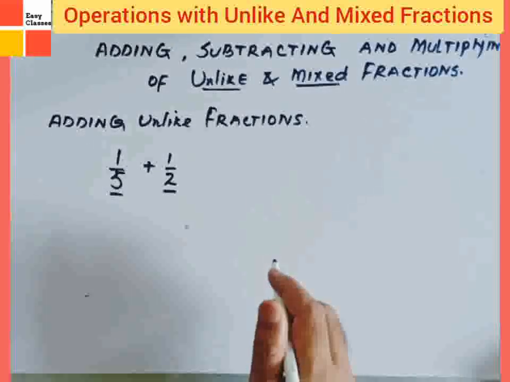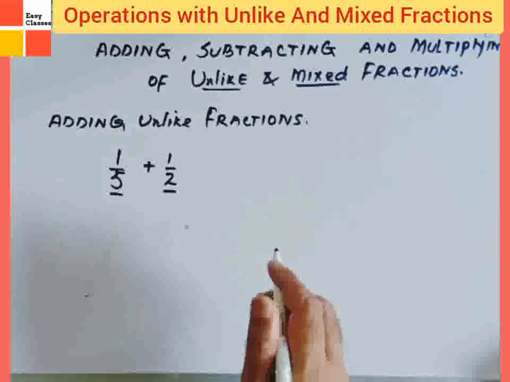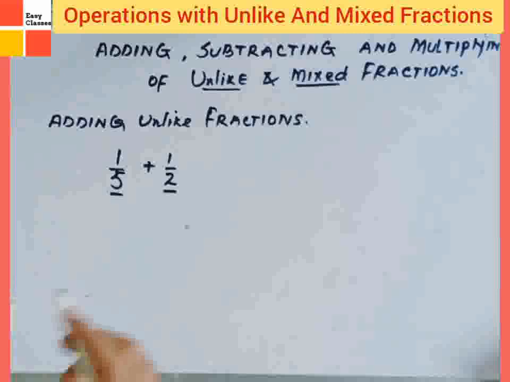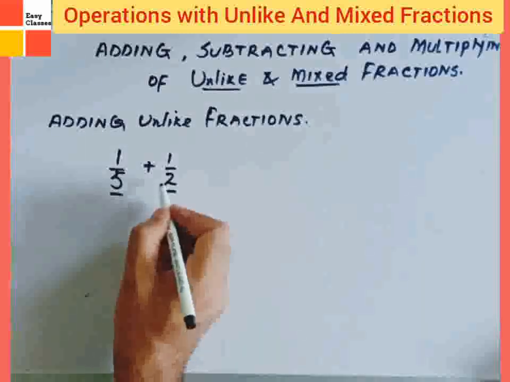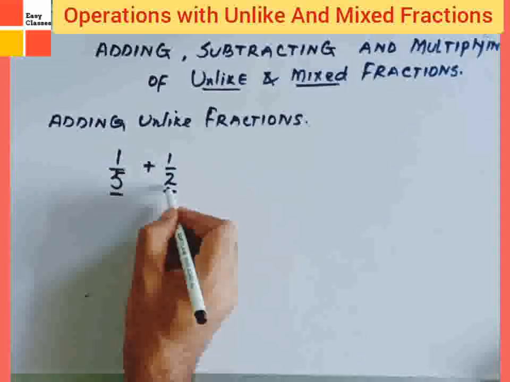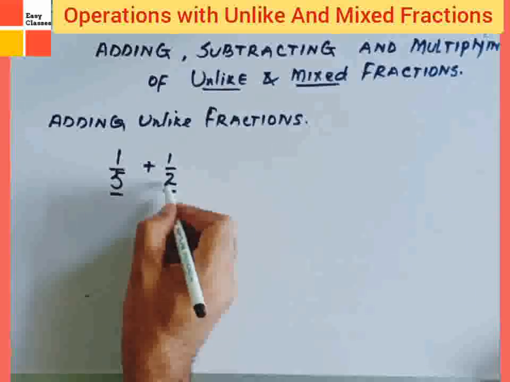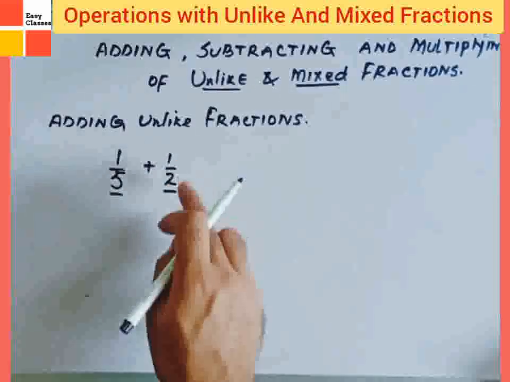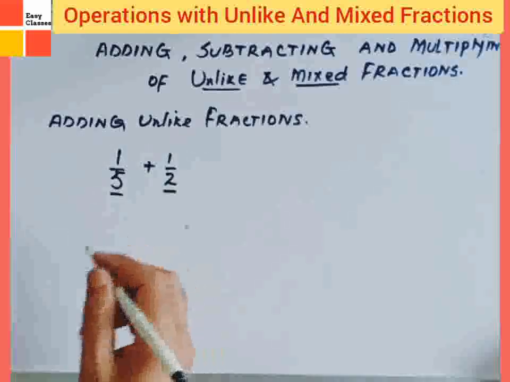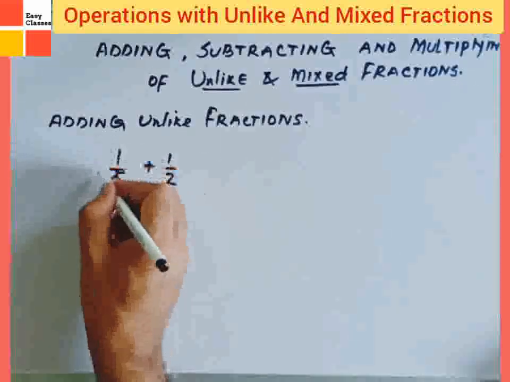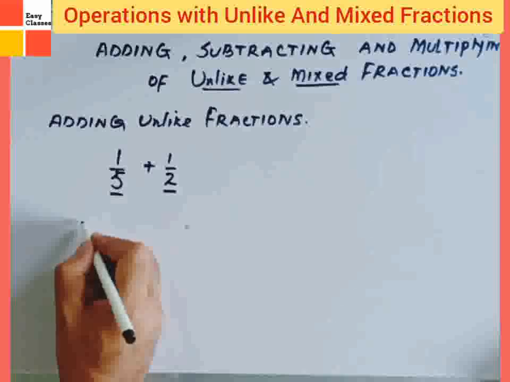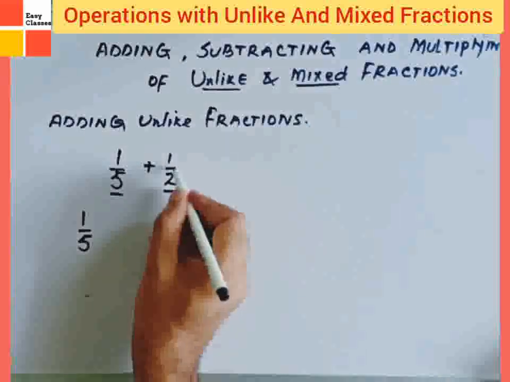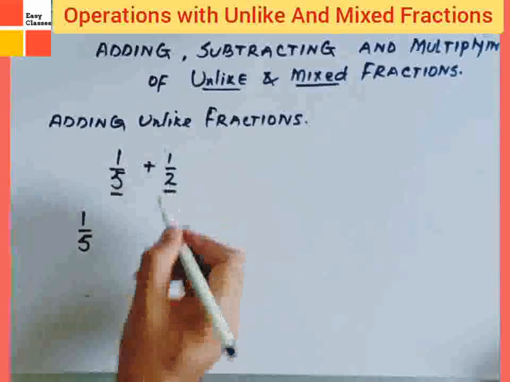One way to find equivalent fractions of these fractions is that we have to multiply the denominator of one of the fractions to the numerator and denominator of the other fraction. What does that mean? Say for example I will take 1 by 5 first, right? And the denominator of the next fraction is 2.